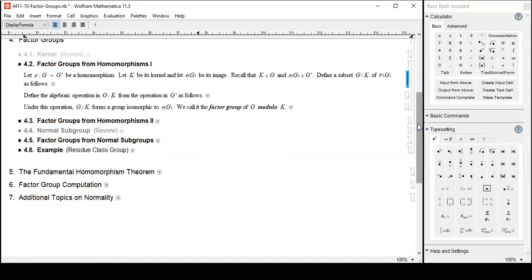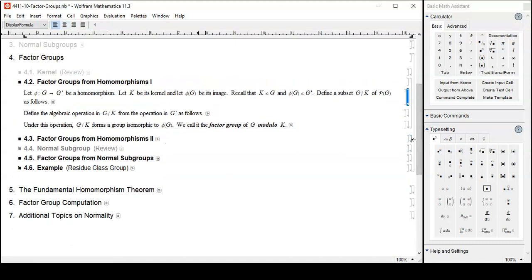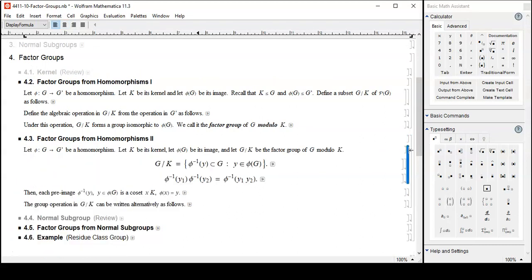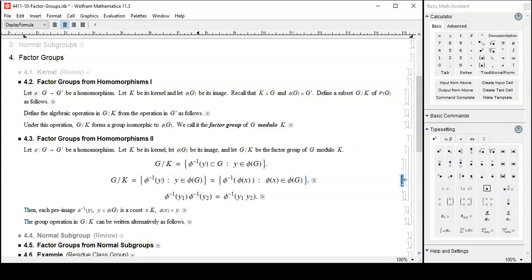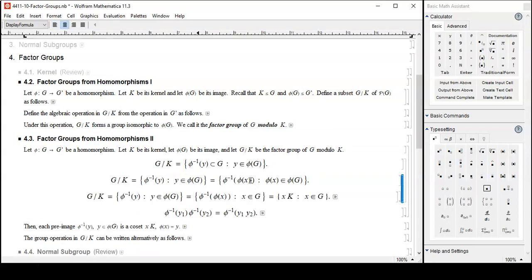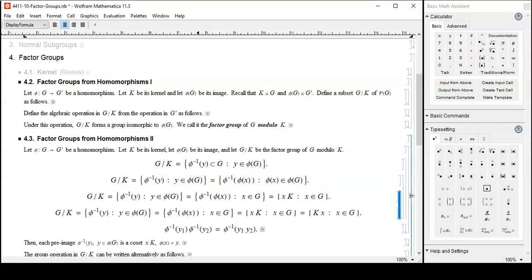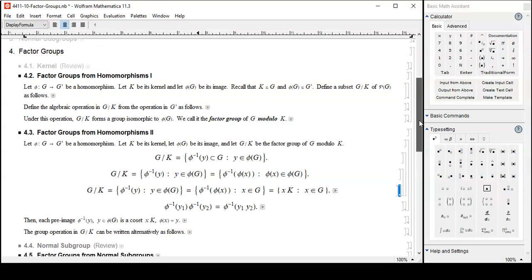And does it have anything to do with the coset structure? The answer is yes, of course, because this is the definition, right? But this preimage of function value, that's the same as coset. And of course, you can use right coset too, but they're the same.